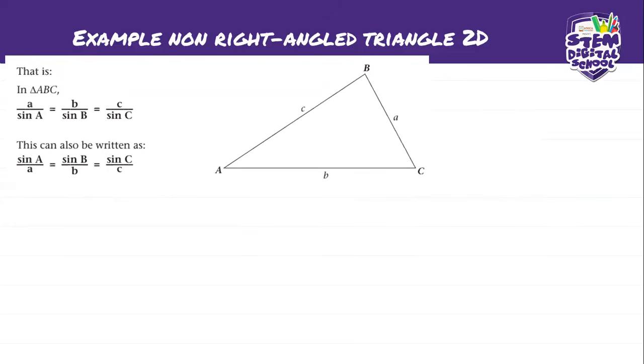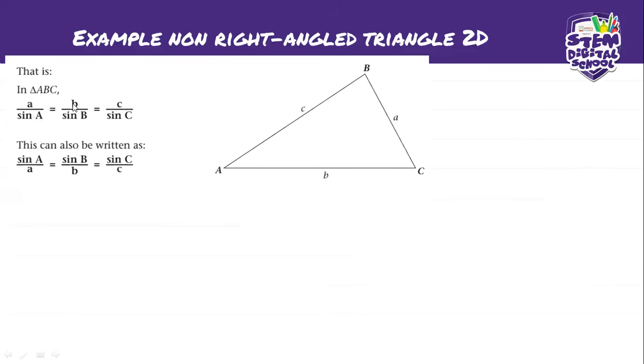As you can see, this small letter a represents this side here. So it's a divided by sine angle A, right? This is the angle A, and the side opposite this angle is small letter a.